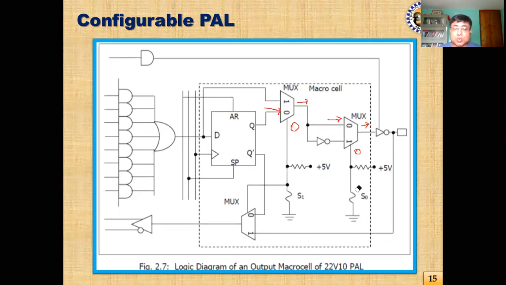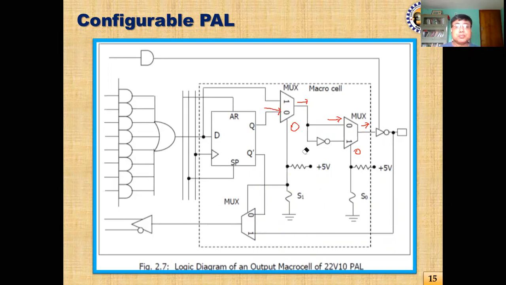And if the fuse is blown, if the fuse is not there, in that case this will be high, because plus 5 volt is connected through. So 0 and 1 over here we can control with the help of these switches, the switch S1 and S0, and they are again programmable by the user.